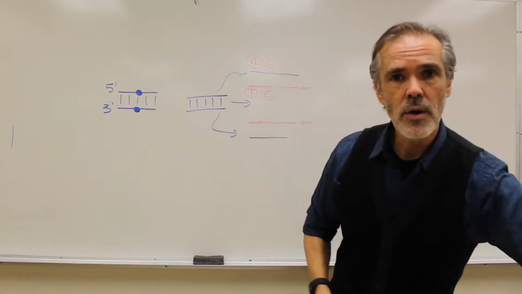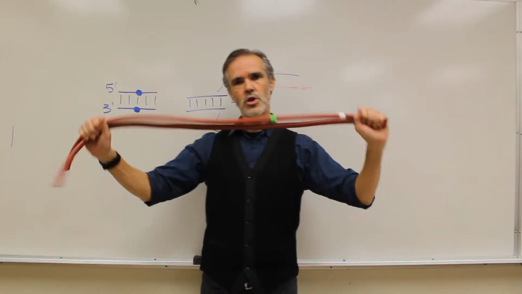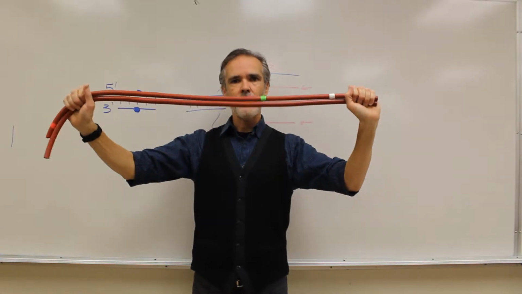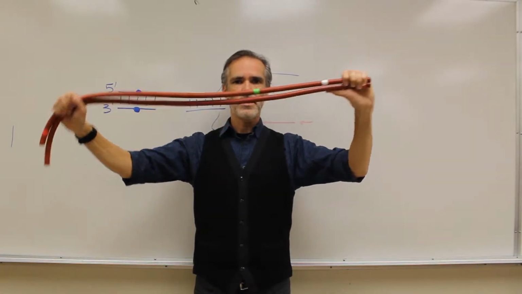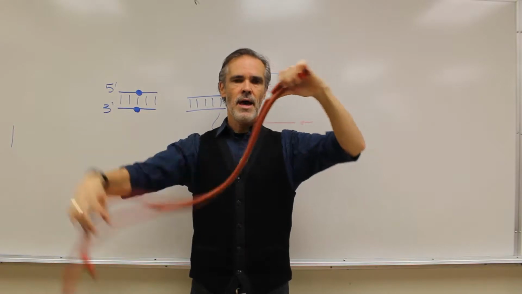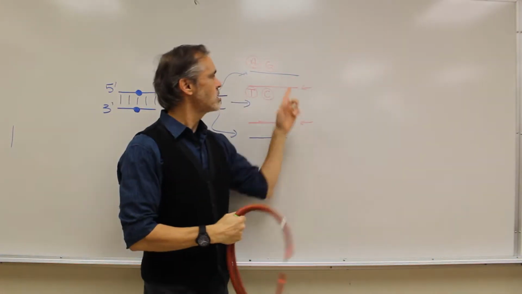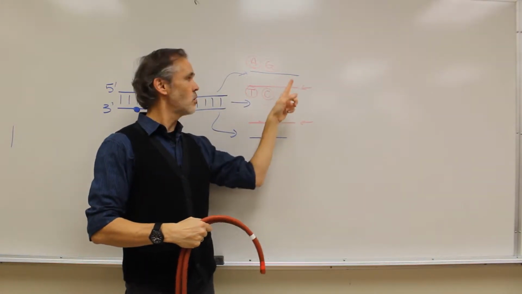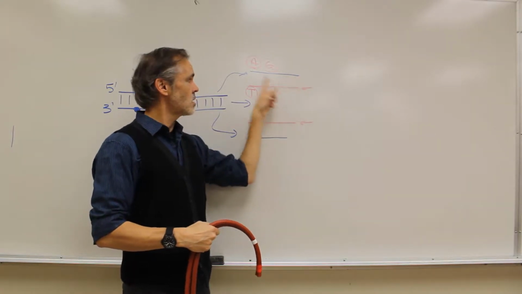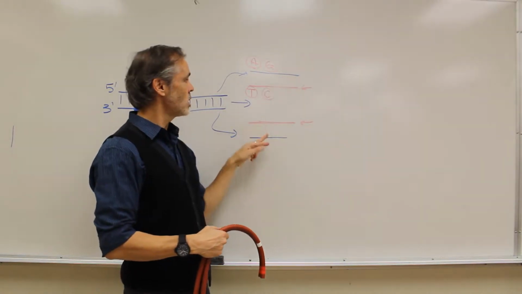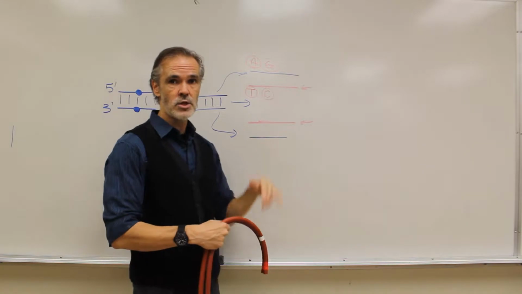Now I want to show you what happens with these two strands. Remember that we have this double-stranded DNA, and each of those strands is going to be incorporated in the new molecules that we see here. So we have two molecules; we started with one, now we have two.